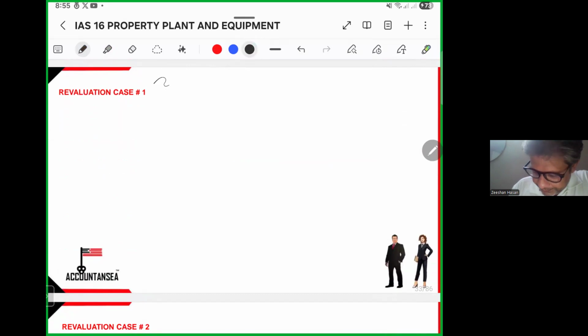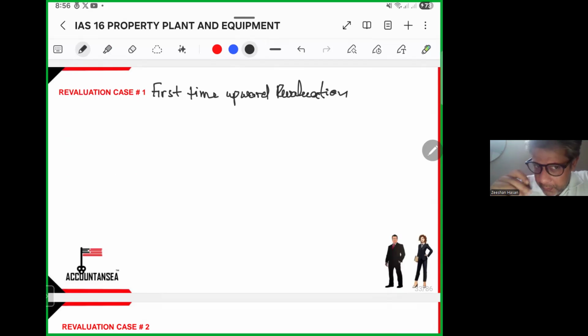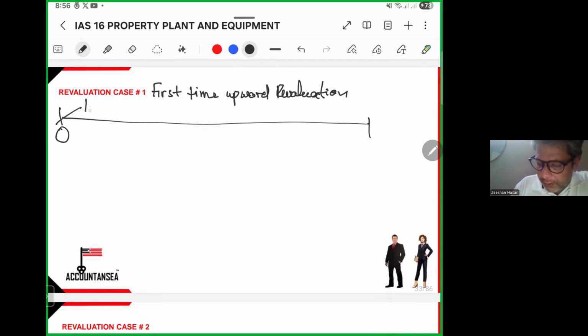Case number one, first time upward revaluation. Now, for example, in year zero, we bought the asset for 1,000.